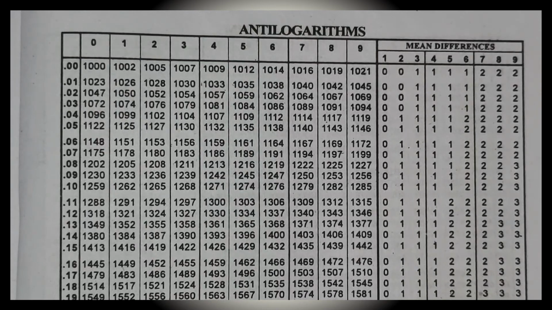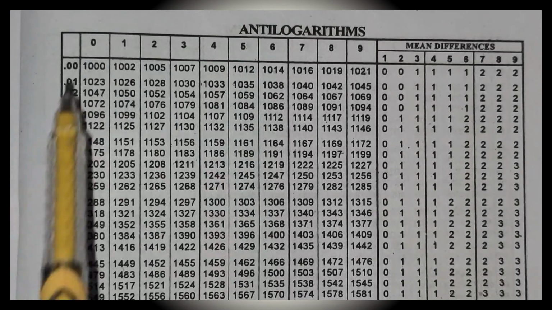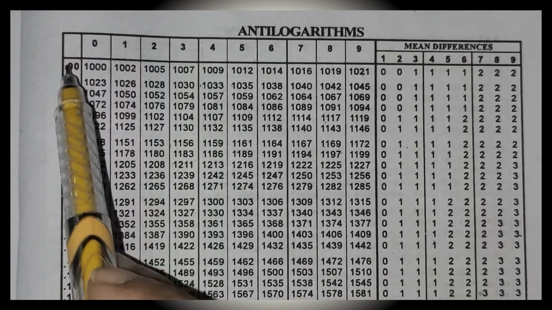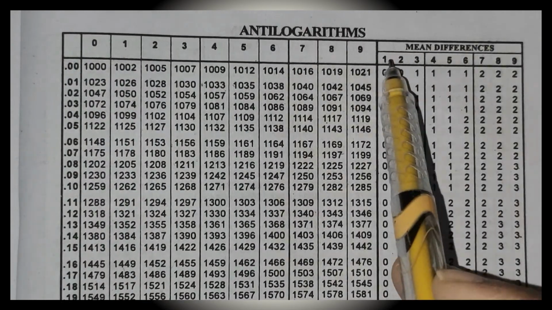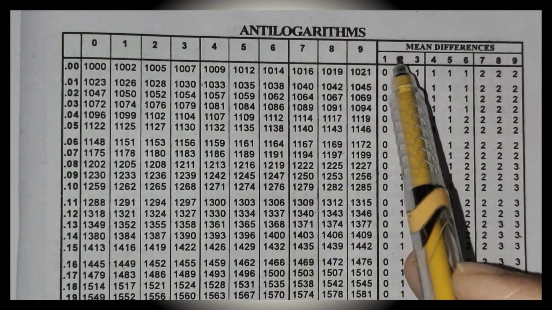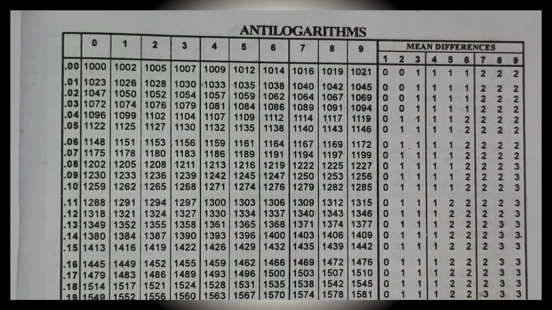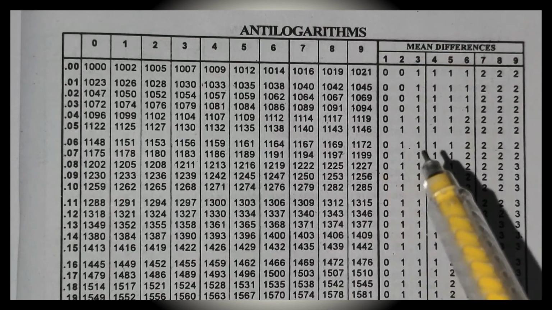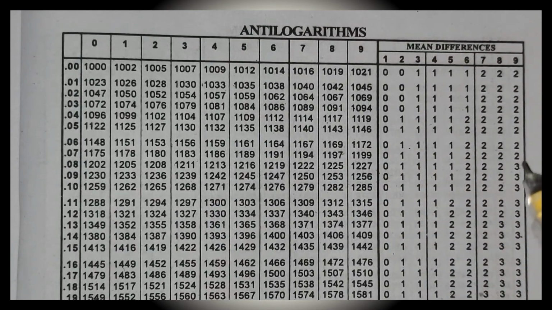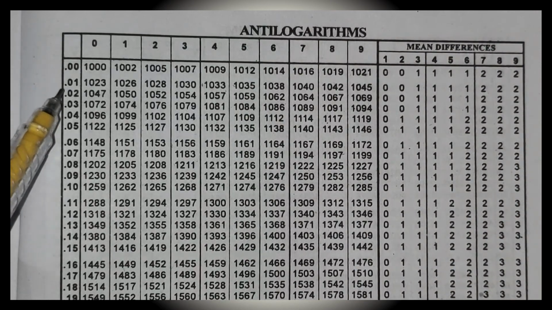This is the anti-logarithm table. These are the column headings and the row headings. These are the column headings of mean differences. Now our number is 2.4645. So ignoring the 2, we have to consider the 0.4645. That 0.46 represents the row heading.